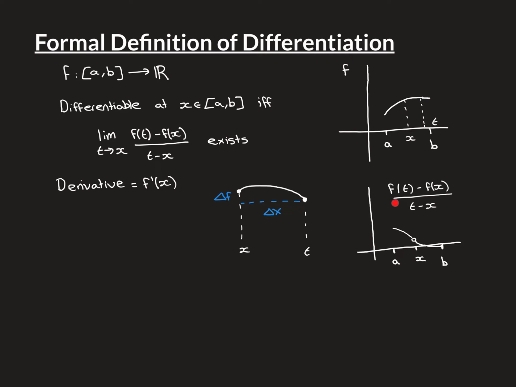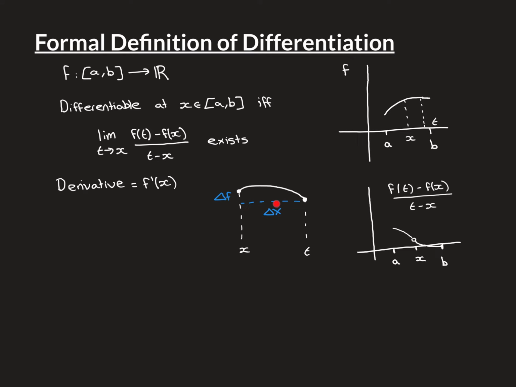So, examining then the quotient, we want to take the value of f at t and subtract off the value of f at x. That then is going to be the difference in the value of f on our graph here. So as you go from x to t, the value of f has changed.